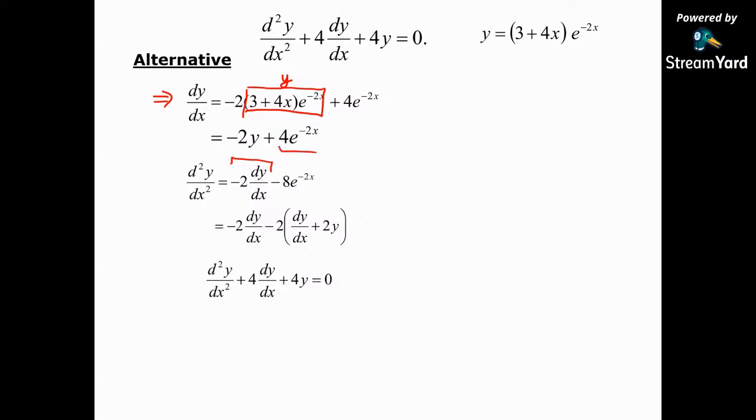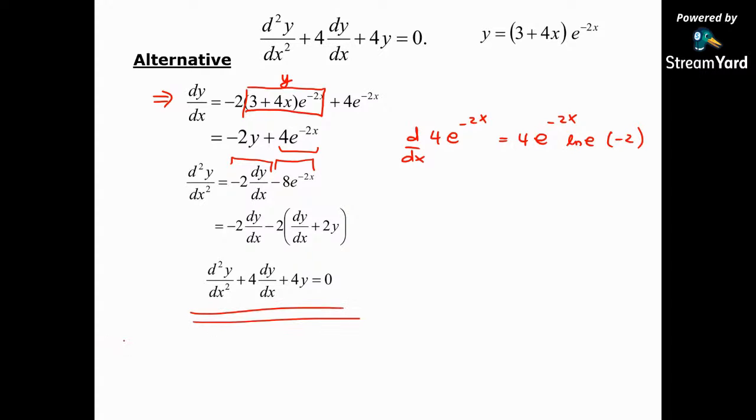And then differentiating 4e negative 2x, we copy down the 4, copy down the exponent, ln of the base, ln e, and then we differentiate the power negative 2. So that is how you end up with negative 8 e to the power of negative 2x. And then you can simplify them and it will become something like this.